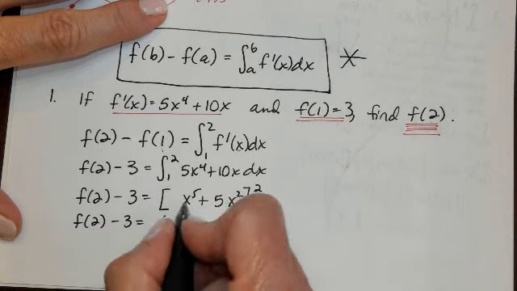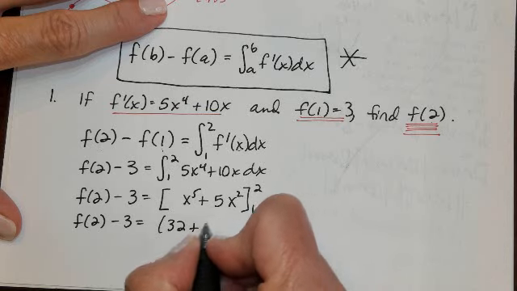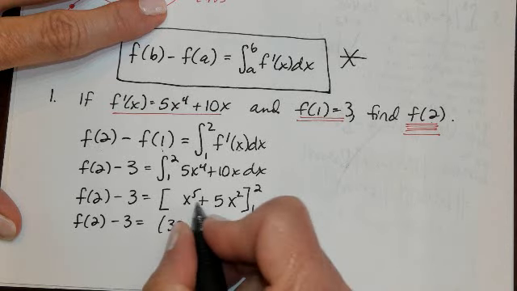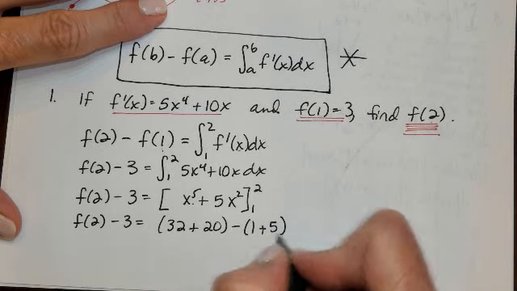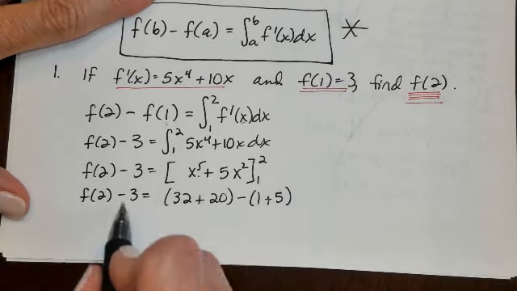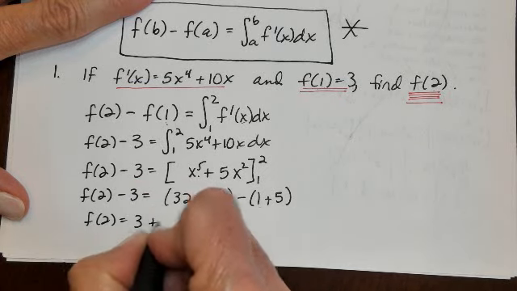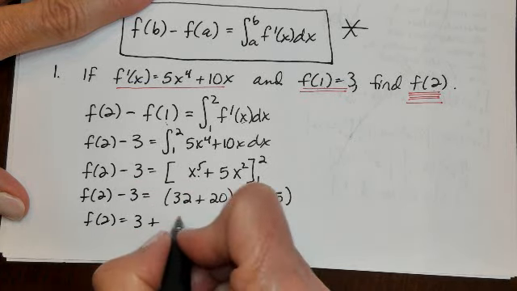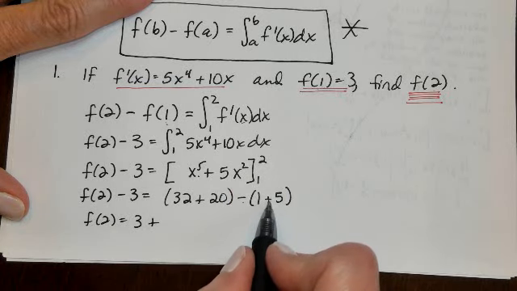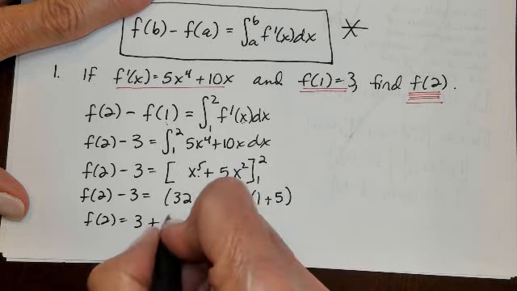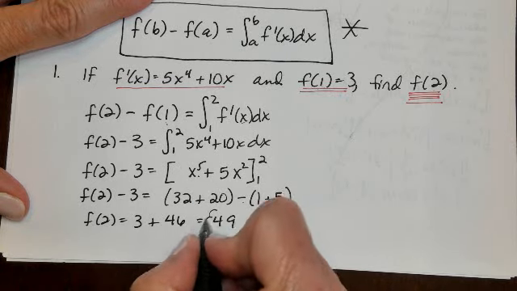So we're going to have 2 to the 5th plus 5 times 4 minus 1 to the 5th plus 5 times 1. Okay, and then we just bring our 3 over. So 32 plus 20 is 52. 52 minus 6 is 46. So this turns out to be 49. That would be the multiple choice answer.